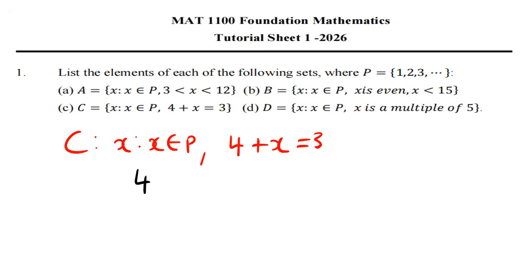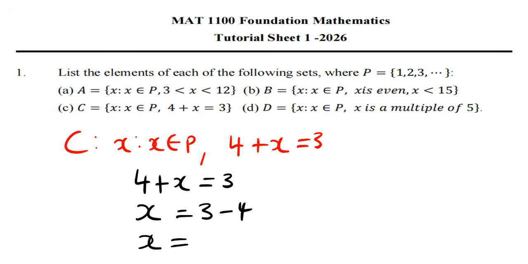We've got 4 plus X equals 3. If I put the like terms together, I have X equals 3, and when I take the 4 to the other side, it becomes negative, so I have a negative 4 there. Therefore X will be equal to 3 minus 4, that is negative 1.